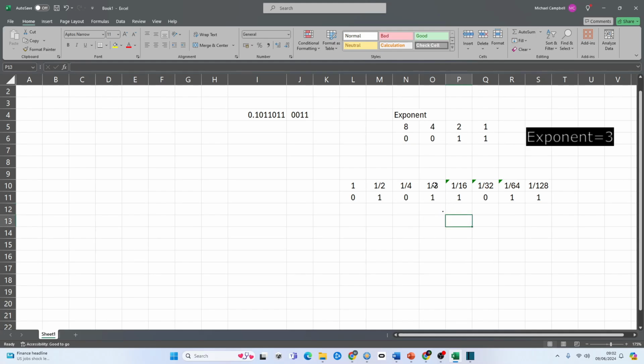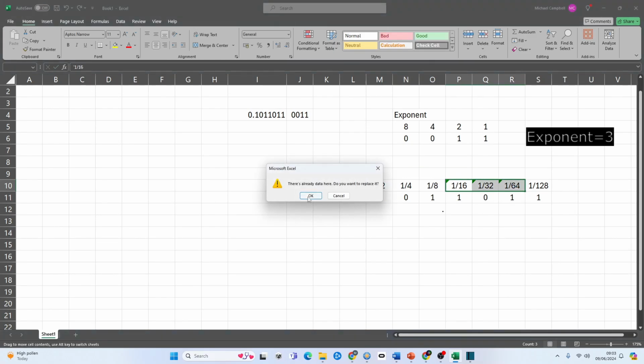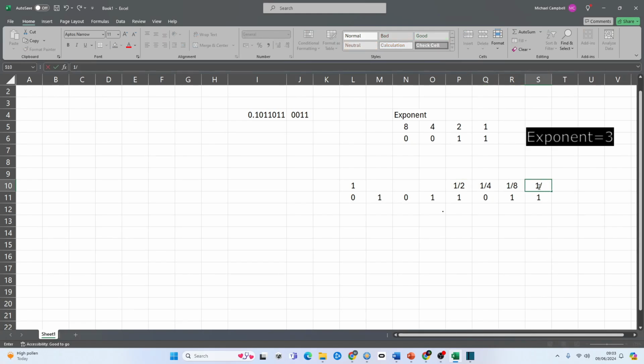Now these don't mean these things anymore. This means 1, 2, 4, 8, and this means a half, a quarter, an eighth, and a 16th. So now we've got the number.